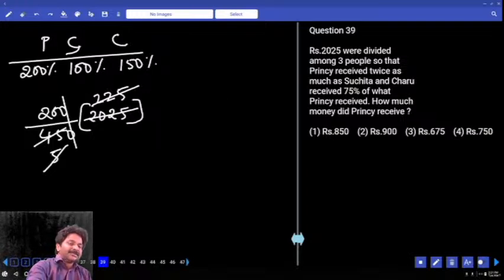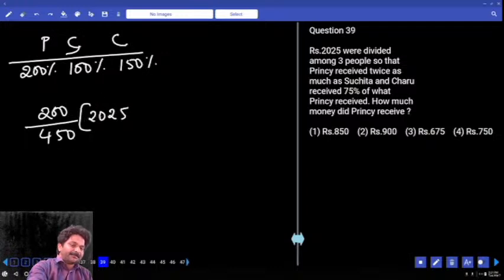So before simplification, after writing this step, can you verify 9 multiple as your answer?